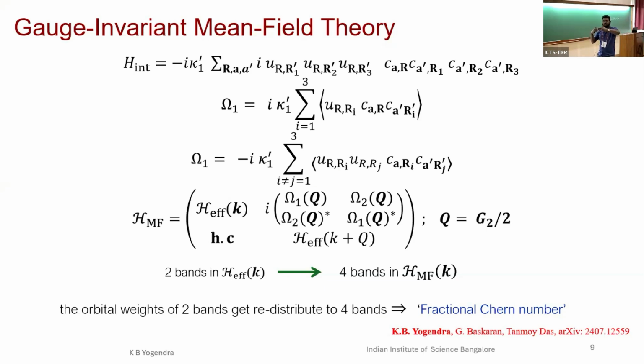So if you calculate each band's Chern number, it will come out to be fractional in this case. Here this fraction can be anything, but by keeping stable mean field parameters, one can get discrete fractional Chern numbers. We are going to do this further. If you have any doubts, you can check this reference.